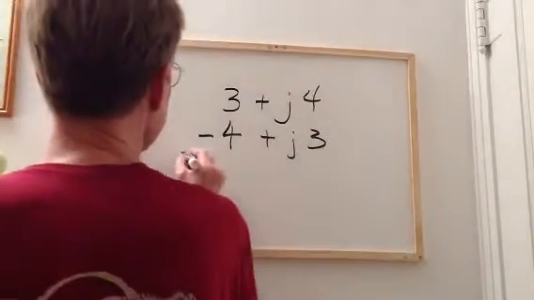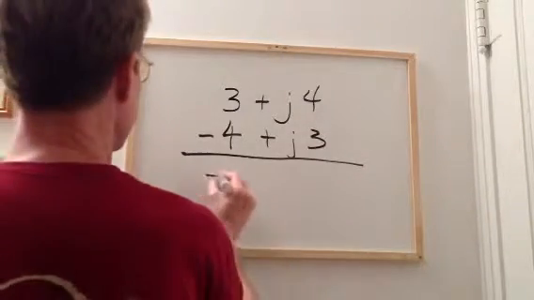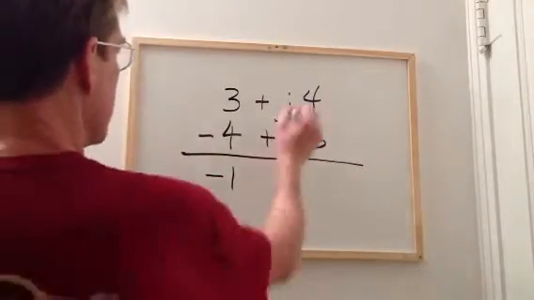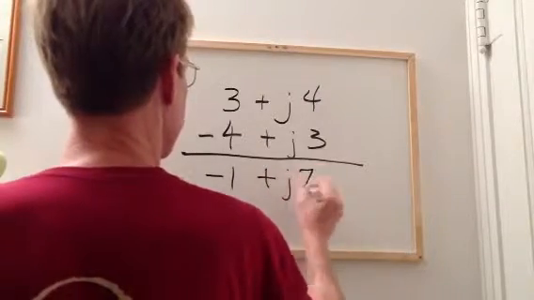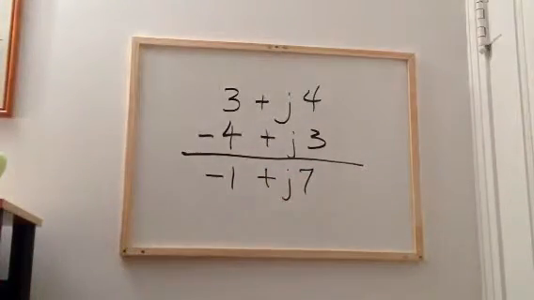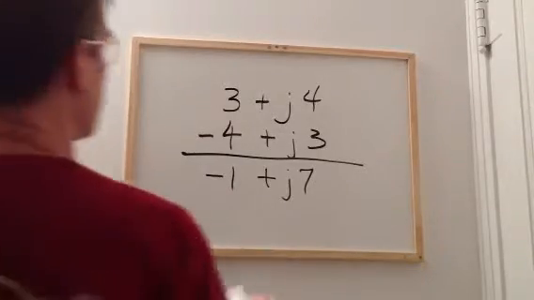When we add these together, we get 3 plus a -4, which is a -1, plus J7. That is the sum of these two complex numbers done arithmetically.